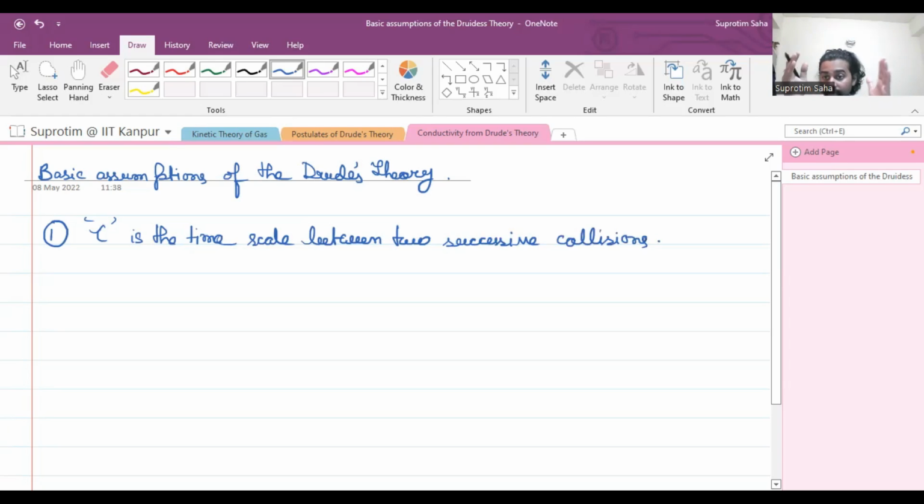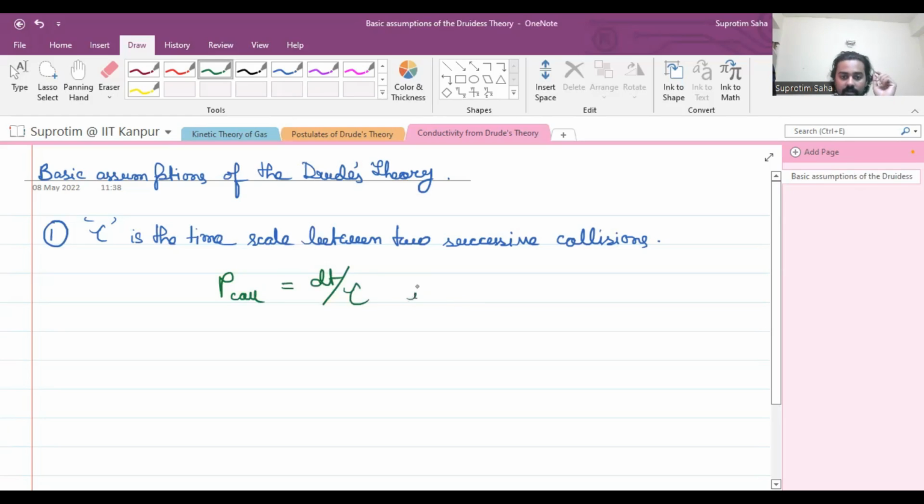And if you observe within a time dt, the probability of an electron undergoing a collision is dt by tau.